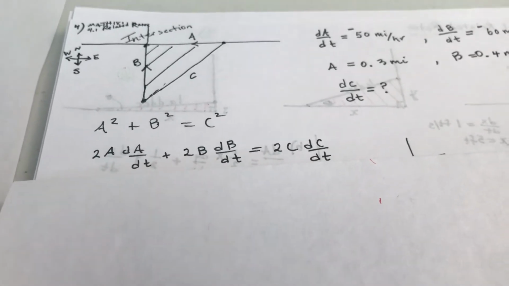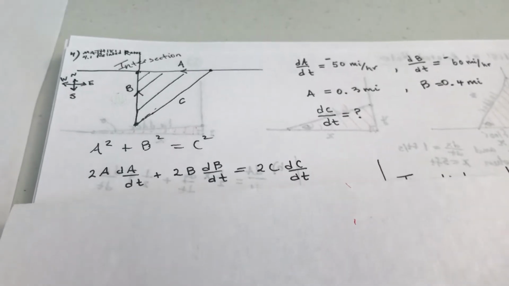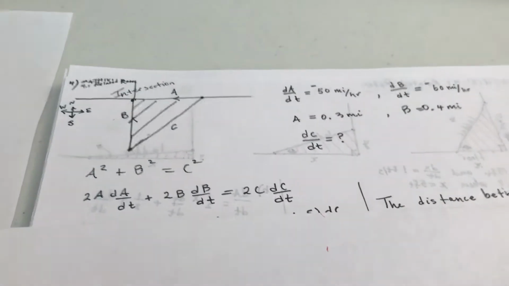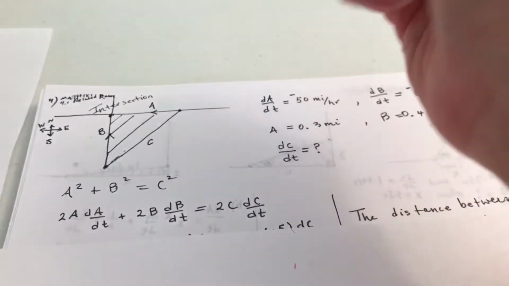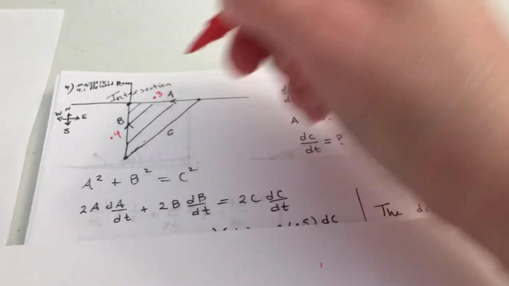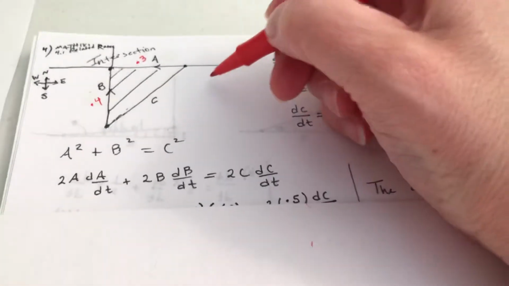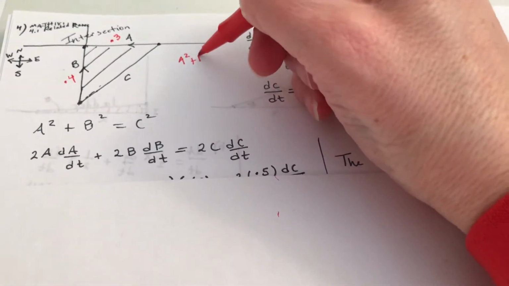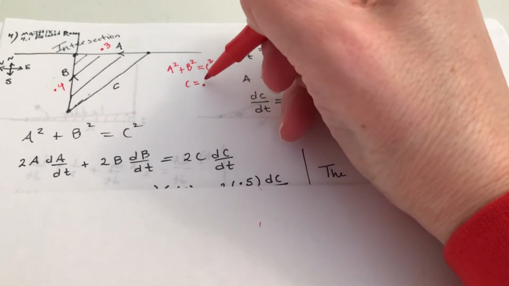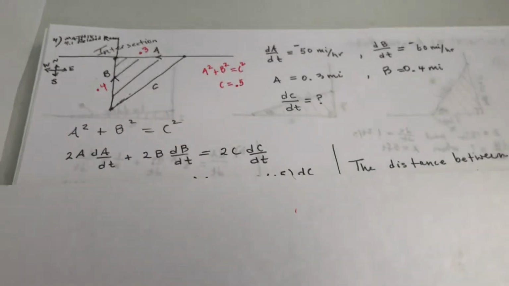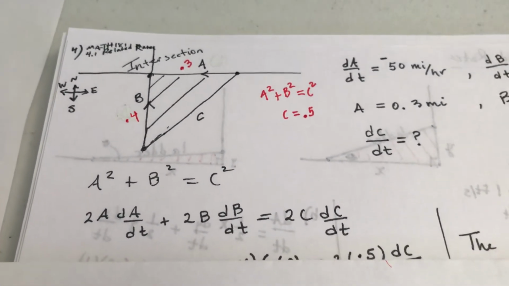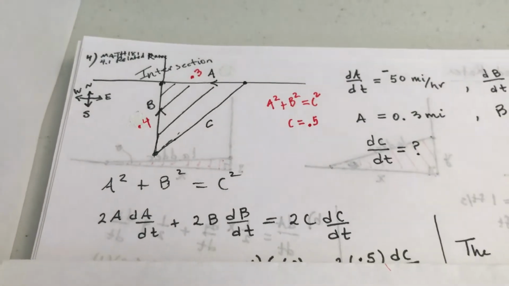Substitute in A and B. Now we don't have C, but we can find C, because at the time when B is 0.4 and A is 0.3, we can do A squared plus B squared equals C squared, and you will get that C is 0.5. I'll let you do that on your own, because I know you can. That's just a little Pythagorean theorem.